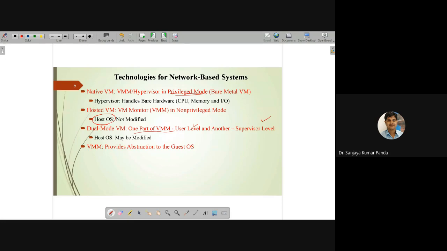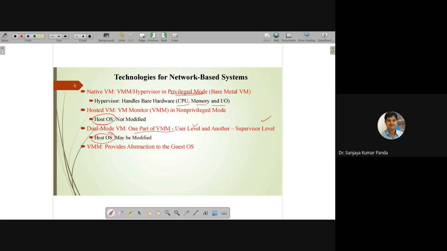The host operating system is in the privileged mode, but VMM is in both modes, and VMM can also deal with the CPU, memory, and I/O, so it can be modified.